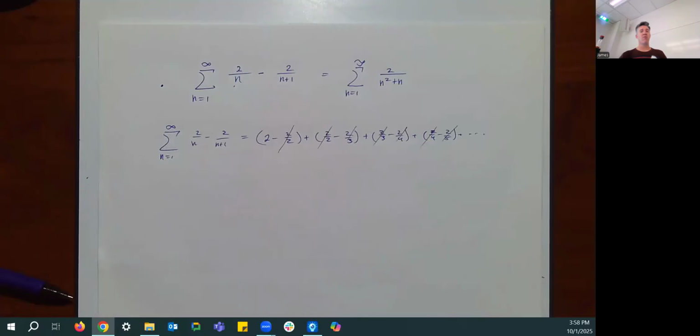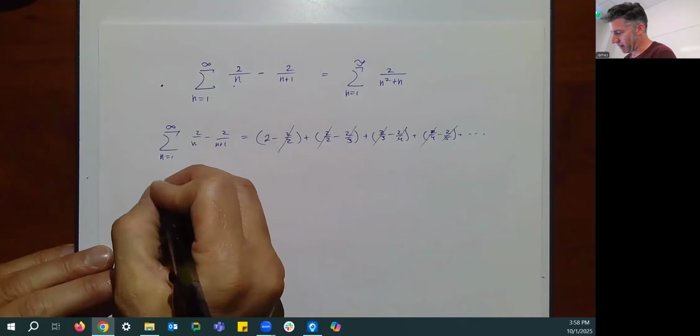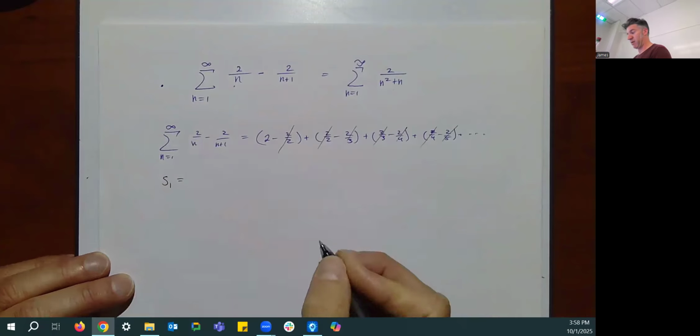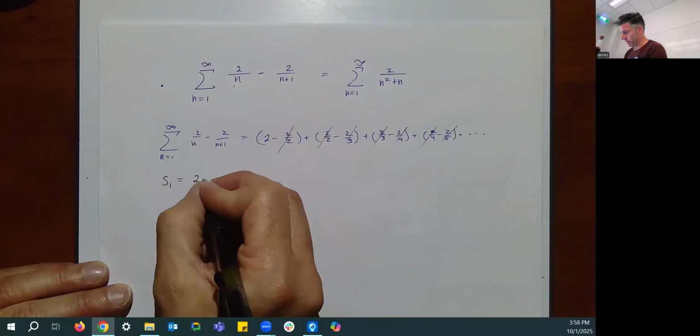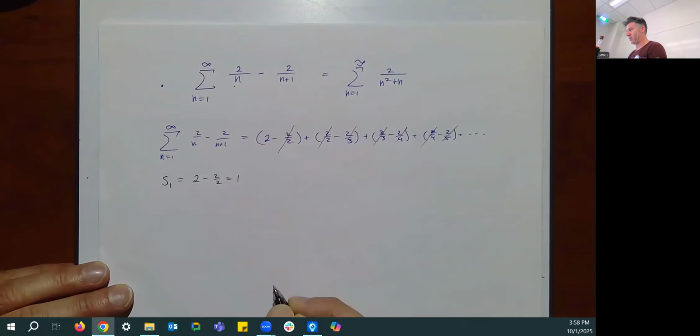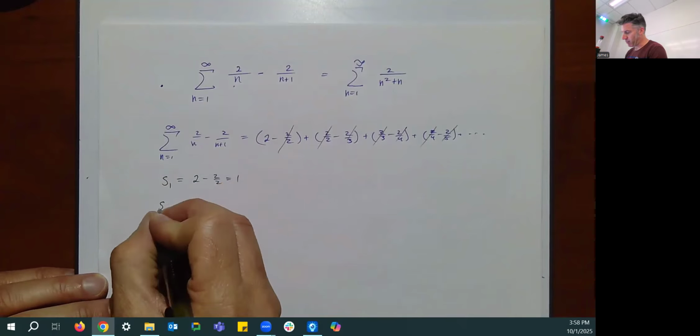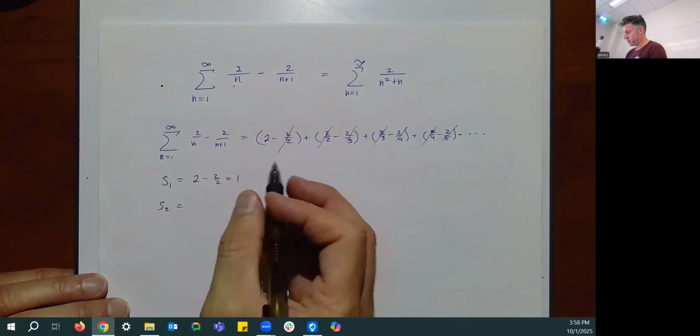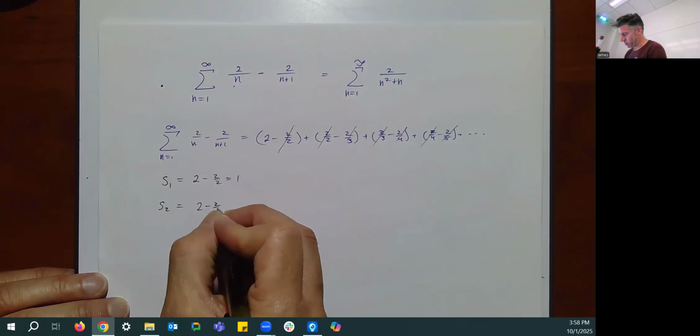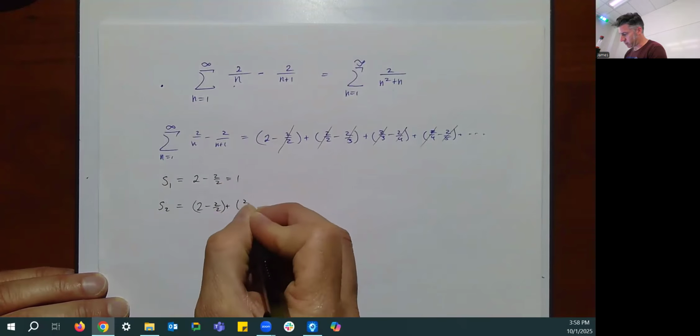But to be more precise, we should do something else, slightly different. We should find the formula for the sequence of partial sums. So I'll point out my first partial sum is just my first term, which is 2 minus 2 over 2, which is just 1. I don't really care what it's equal to. My second partial sum is 2 minus 2 over 2 plus 2 over 2 minus 2 over 3.